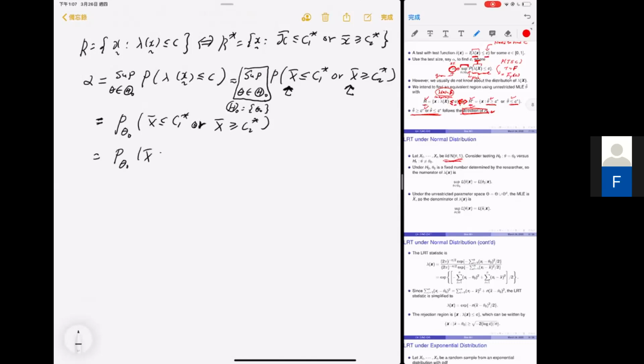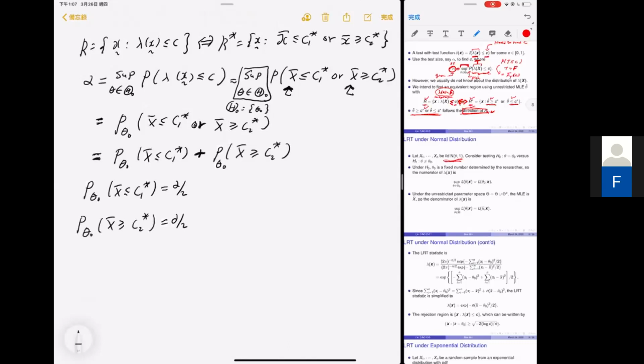That means I can write the probability of X bar smaller than C1 star plus the probability of X bar bigger than C2 star. Then I do know these two probabilities sum to alpha. Conventionally, we can write the probability under theta 0 of X bar smaller than C1 star equals alpha over 2, and the probability of X bar bigger than C2 star equals alpha over 2. You can divide alpha equally in half.